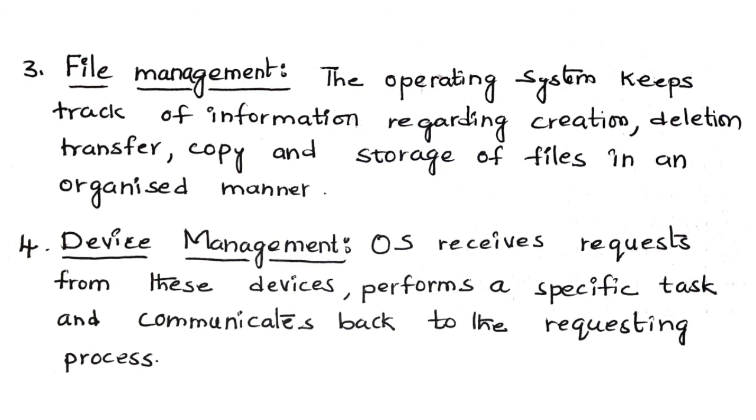As operating system plays a very important role in coordinating and controlling various input output devices, it receives the request from these devices, performs the specific task and communicates back to its requesting process. This is the reason why we state that an operating system handles the input and output operations of a computer system.